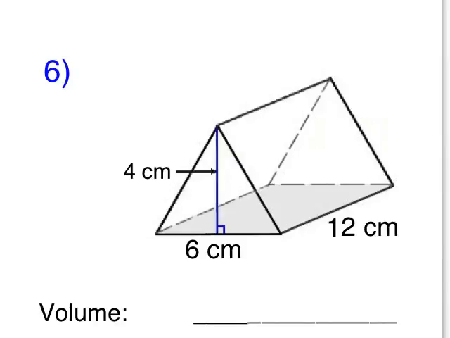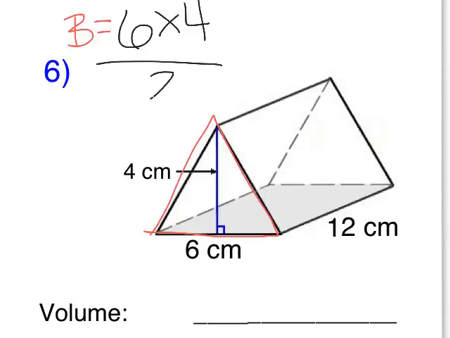For number 6, we're looking at a triangular prism. So we think back to those tents from earlier example. And with that triangular prism, we're going to still once again find our big B, which is our base area. And we have that triangle. So we've got our base of 6, or our length of 6, and we've got our height of 4.